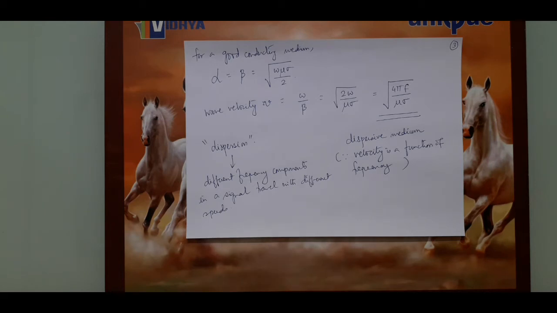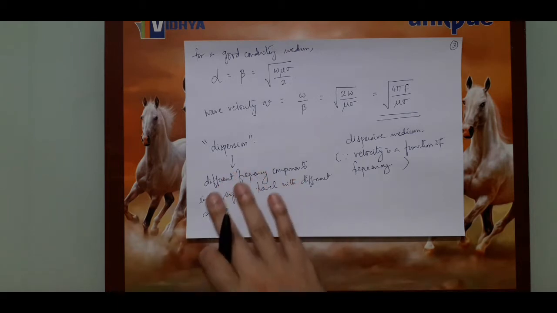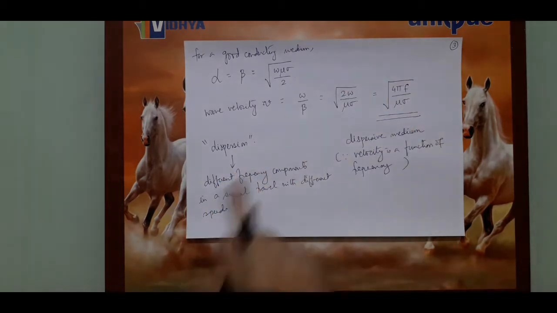For example, if you have a square wave or a triangular wave, that is waves which have more than one frequency component as per Fourier's theorem. So if a square wave is traveling through this kind of a medium, it will not remain a square wave anymore, because the different frequencies will travel with different velocities, and what you will get at the end is a totally distorted signal. So that is how it works.